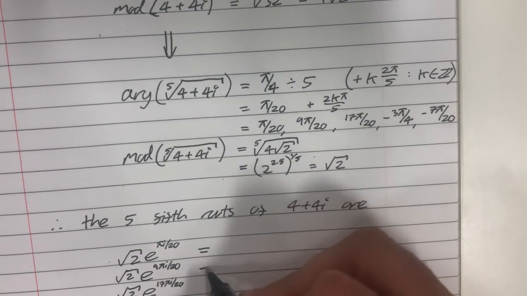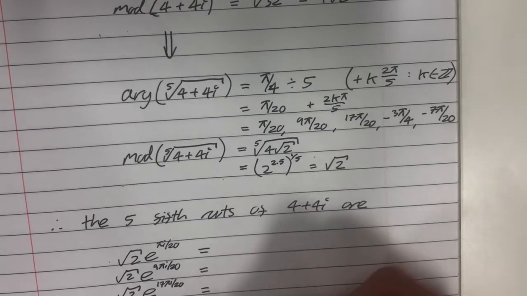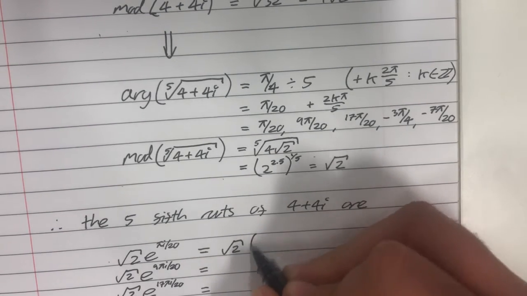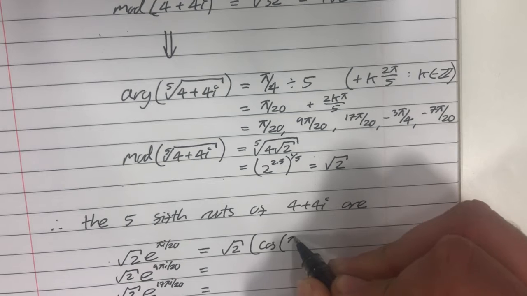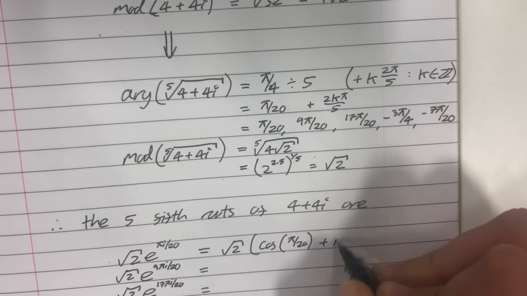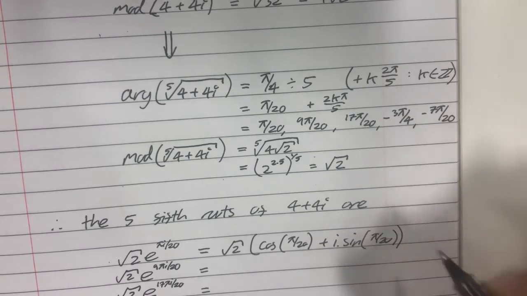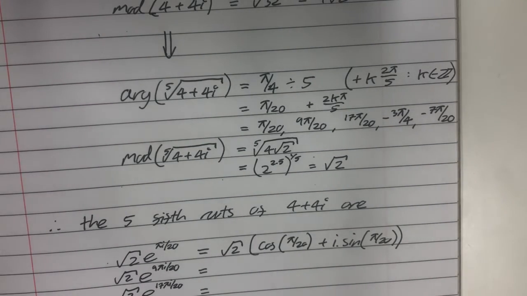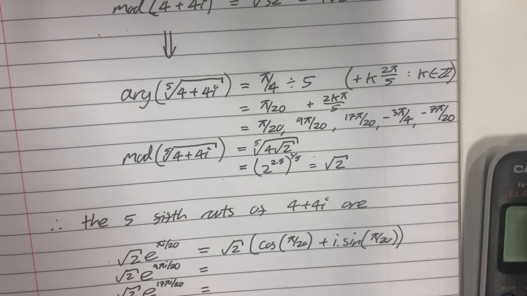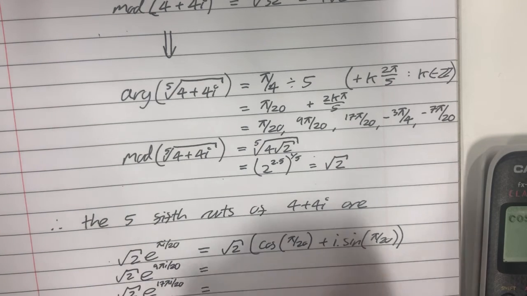Or you could write it in modulus argument form. So that's going to be root 2 into cos of pi on 20 plus i times sine of pi on 20. Or we could actually evaluate some of these. So I'm going to evaluate this one, because I know this was actually quite a nice number. So cos of minus 3 pi on 4 is minus root 2 on 2.